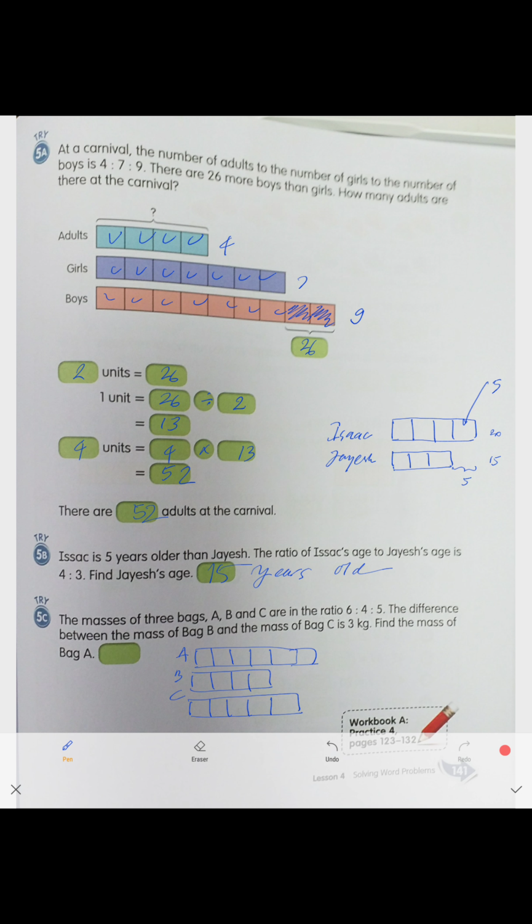The difference between bag B and bag C is 3 kg, so 1 unit is 3 kg. Find the mass of bag A: 6 units, 6 times 3 is 18. That's your answer, 18 kg.